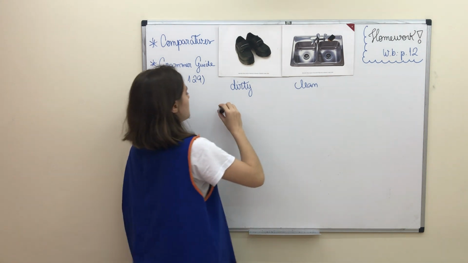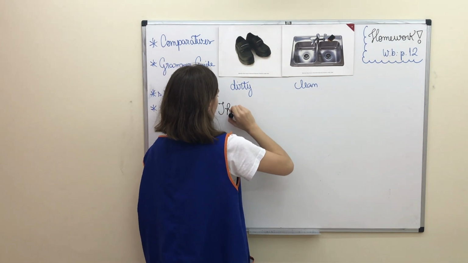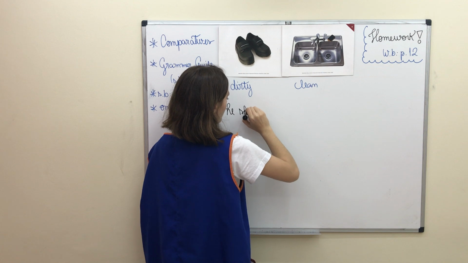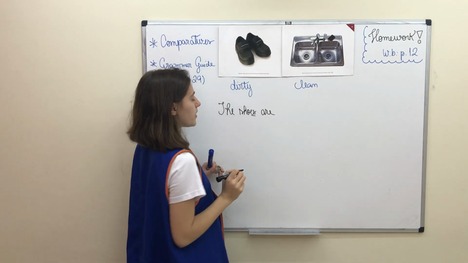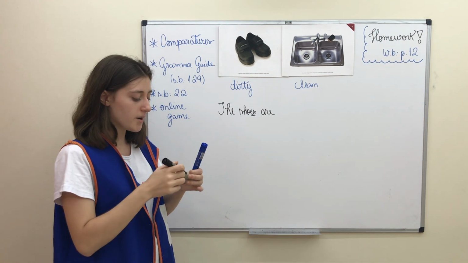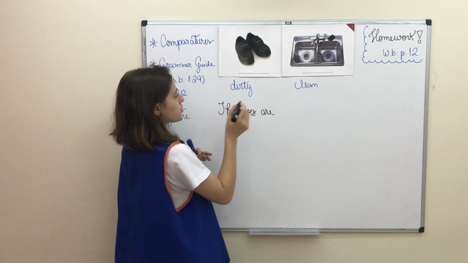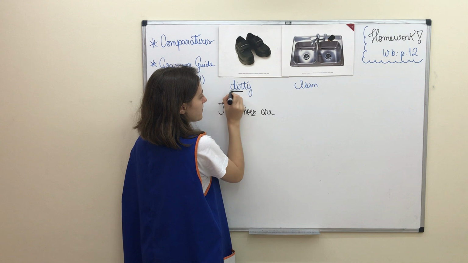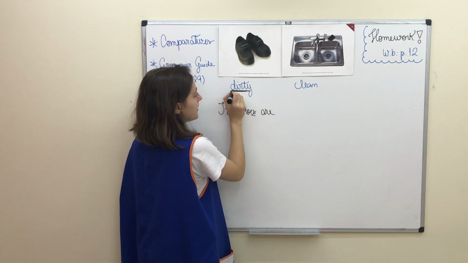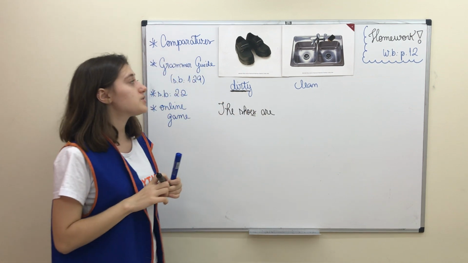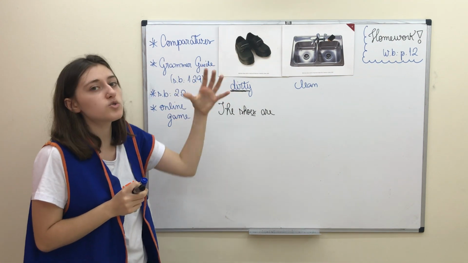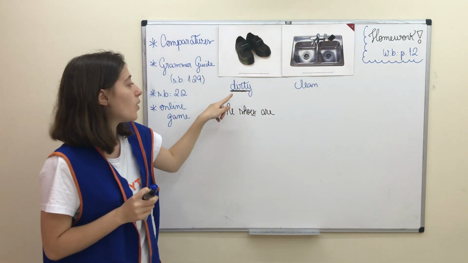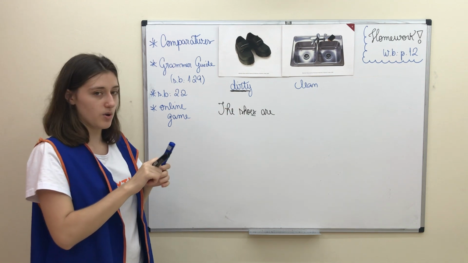So I say the shoes are, because shoes is plural, then the same structure, I need to use this word here, dirty, because eu quero dizer que os shoes estão mais sujos do que a sink, so I'm gonna use dirty.